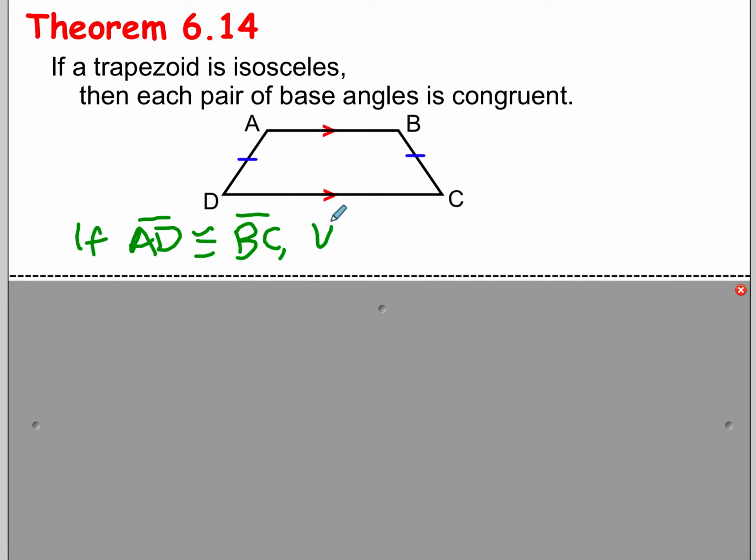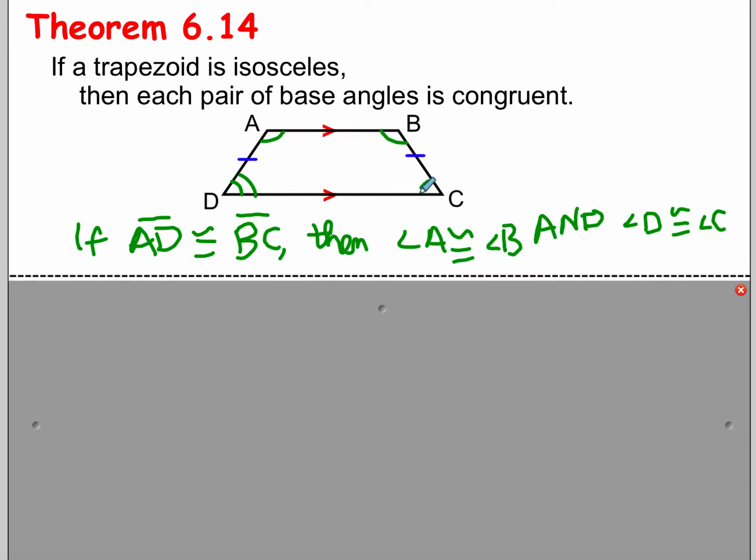So what that means is, remember, A and B is one pair of base angles, so we say angle A is congruent to angle B, and also the other pair of base angles is congruent. Angle D is congruent to angle C. So if we have an isosceles trapezoid, then let's add these tick marks to our picture here. Then A and B are congruent. Those two angles are the same. And D and C are congruent. Those two angles have the same measure.